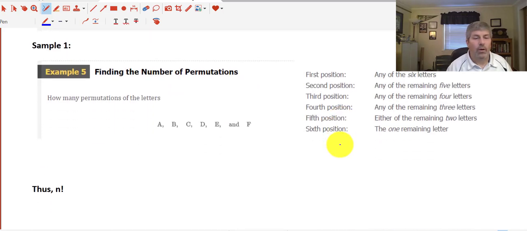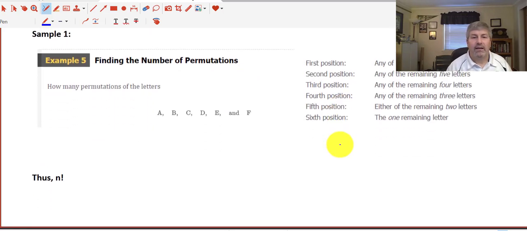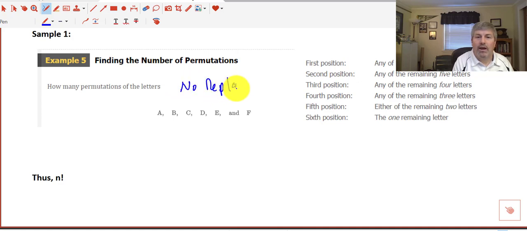So let's explore finding the number of permutations. How many permutations of the letters A, B, C, D, E, and F can we come up with? Well, since we're doing permutations, we know there is no replacement. So once an item is taken out, we can't put it back in.